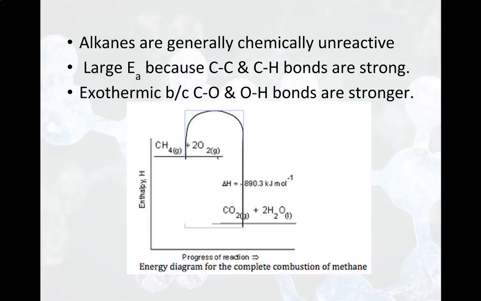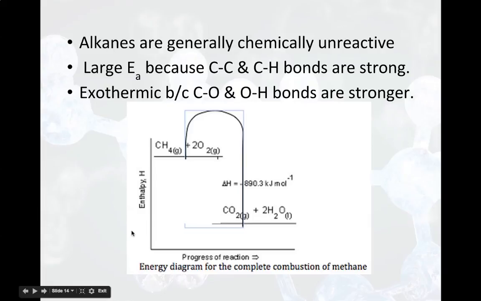So in our reactants we have carbon-carbon bonds and carbon-hydrogen bonds, which we know are strong. But we know that the carbon-oxygen and oxygen-hydrogen bonds in the carbon dioxide and water are stronger. Therefore, their enthalpy is less than the reactants were, which means it is exothermic or releasing energy.